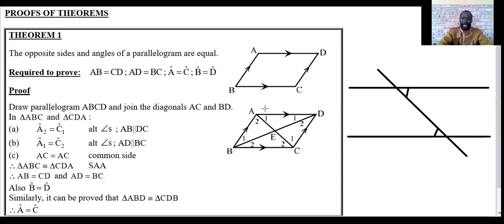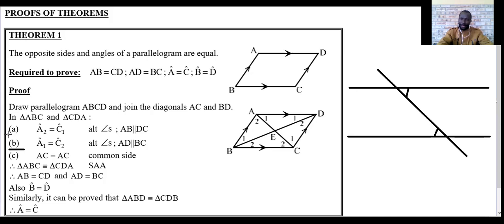So we say AD and BC, they are parallel lines, and because of that, we say A1 and C2 are equal to each other by the fact that they are alternate angles. We are now talking about B. Yes.